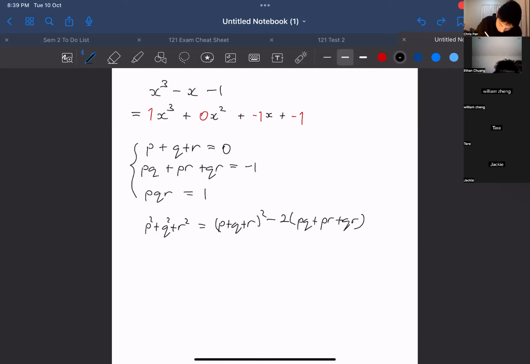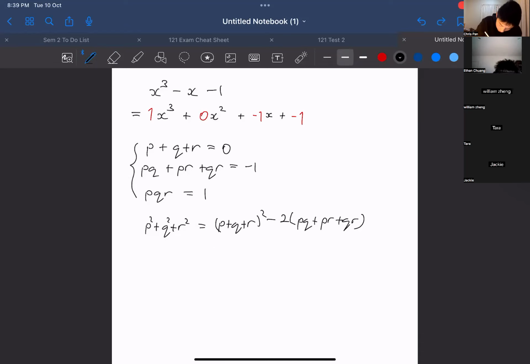I don't know off the top of my head what p plus q plus r cubed is. I think it's 3 times... that'll be 6, 18, 18 plus 3, 21.